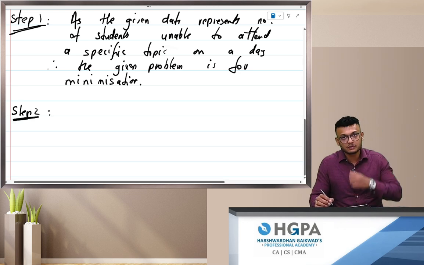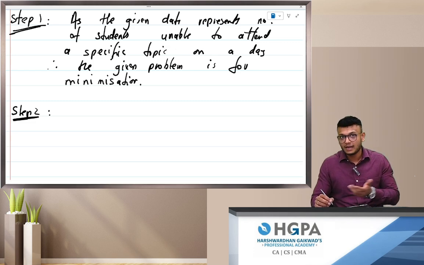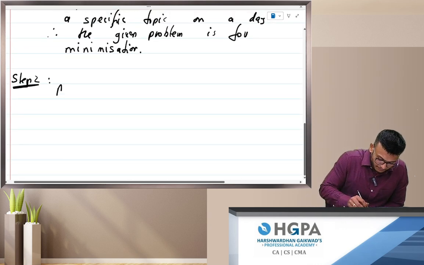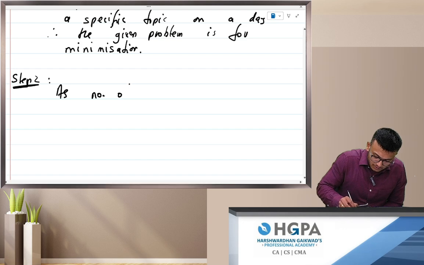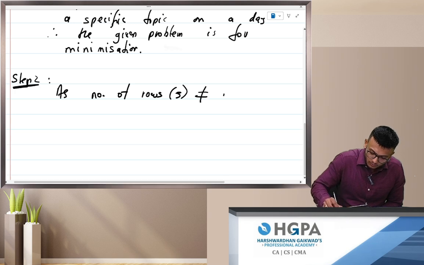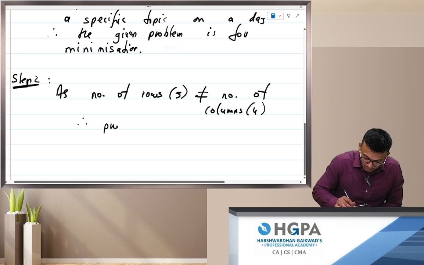Okay. Step number 2. Now, obviously, we have understood that the question is not balanced. Rows are 5, columns are 4. So we'll write here: number of rows 5 is not equal to number of columns 4. Therefore, the problem is not balanced.